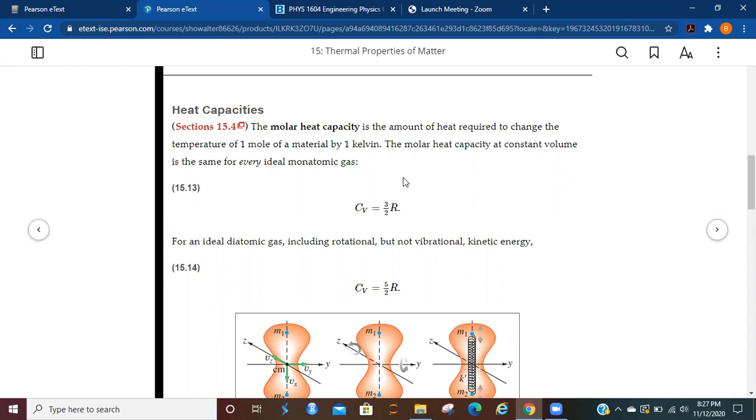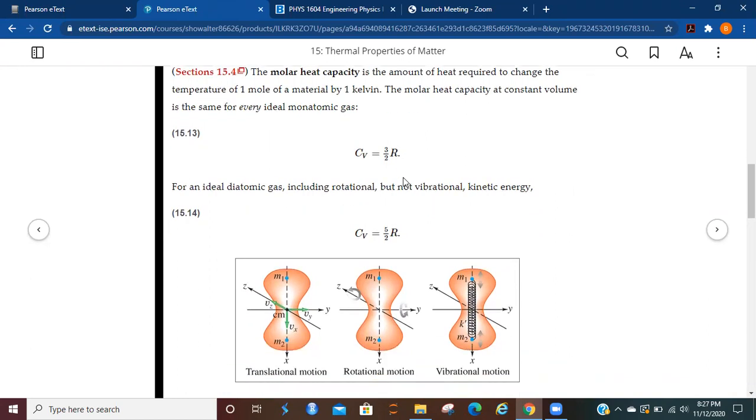So for an ideal diatomic gas, including rotational but not vibrational kinetic energy, you see an increase to 5/2 R. Translational motion is going to be motion in your three different dimensions.